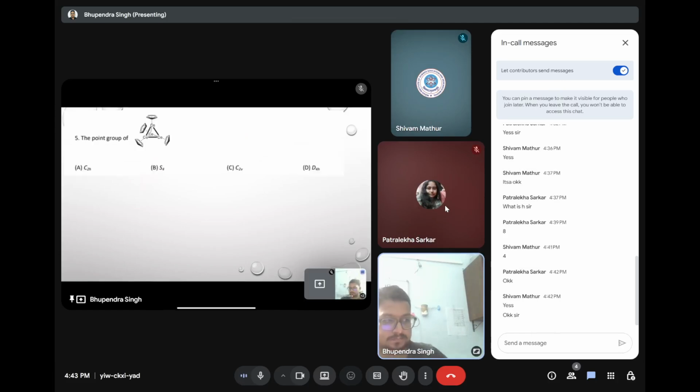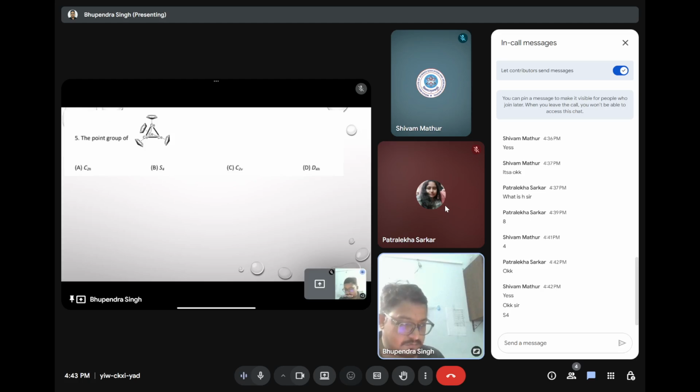Okay, coming to this one. Try to find out, Patlekha and Shivam, the point group. Of course it is difficult to visualize, but these types of questions will come in the exam and you have to solve them. Or you can do one thing, try to eliminate the answers. So let me draw the structure first.